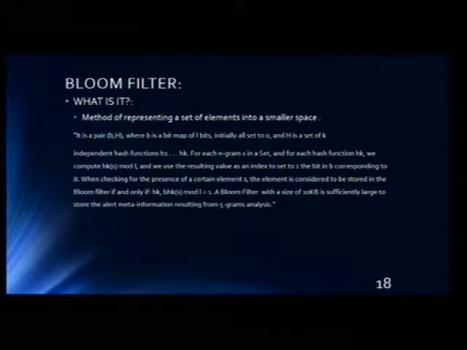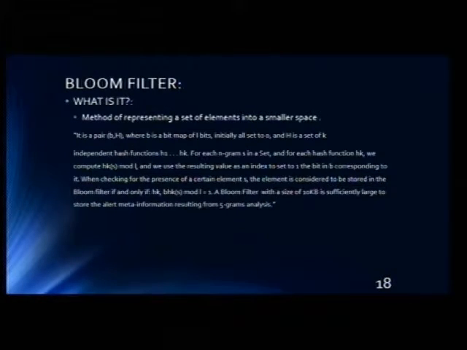So what is it? It's a kind of complicated structure or concept. It's a method of representing a set of elements in a smaller space. So I'll read you the definition of it. It's a pair (B, H) where B is a bitmap of L bits initially all set to 0, and H is a set of K independent hash functions, H1 and so on. For each n-gram S in a set, and for each hash function HK, we compute HK(S) mod L, and we use the resulting value as an index to set the bit in B corresponding to it.